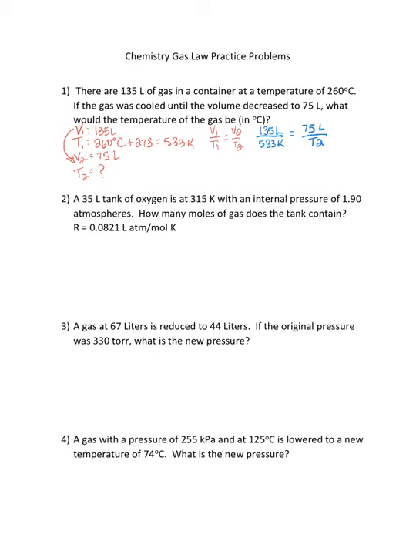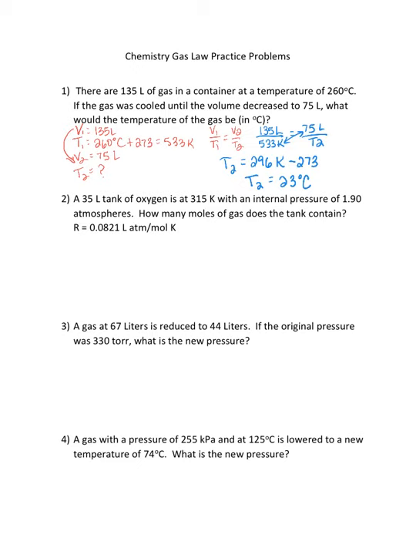We cross multiply: 533 times 75, divided by 135, and we get T2 equal to 296 Kelvin. Problem is they want it in Celsius. We have to now subtract back out our 273 and get our final answer of 23 degrees Celsius.